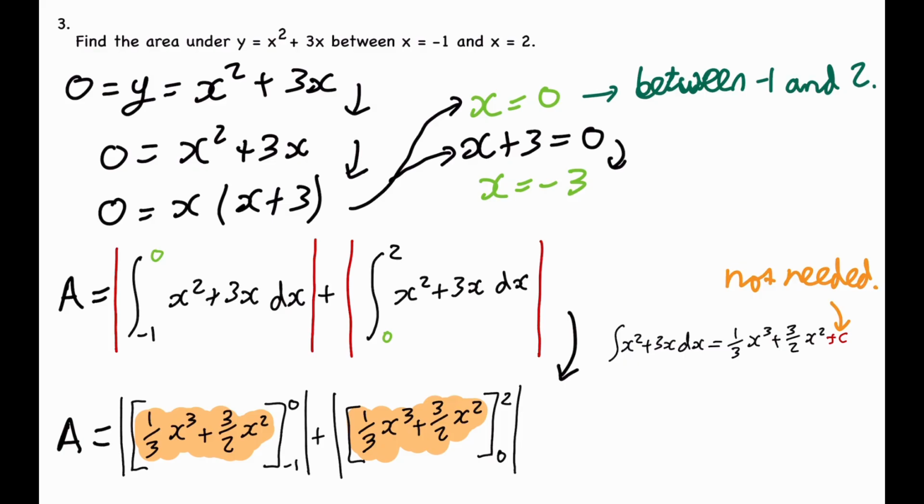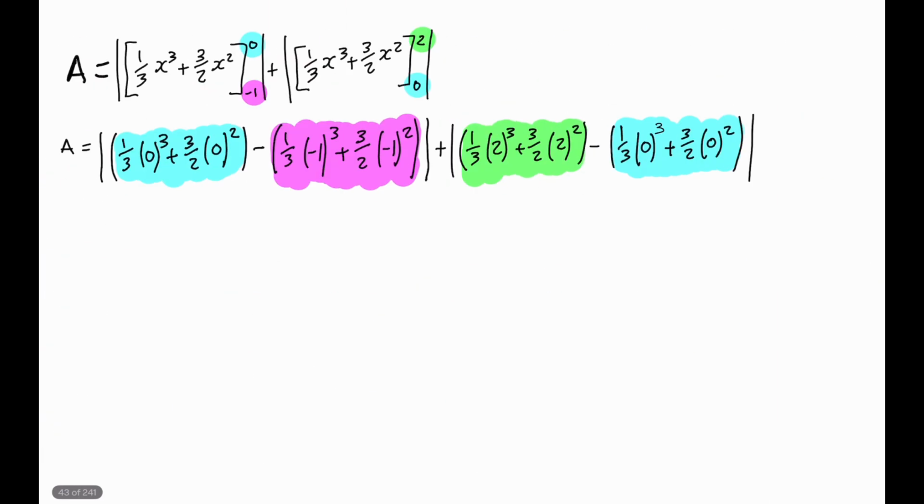And so what I would do is substitute the integrated forms of these, and remember, still apply my limits on each one. Because we still have the modulus here, we would substitute our limits into each one of the functions. They're all the same equation, which is 1 over 3 x cubed plus 3 over 2 x squared, the integrated form of the previous function.